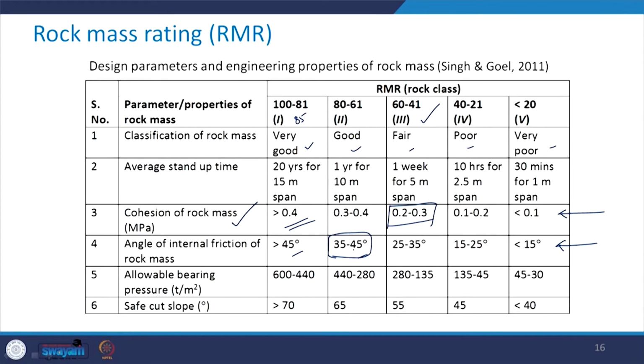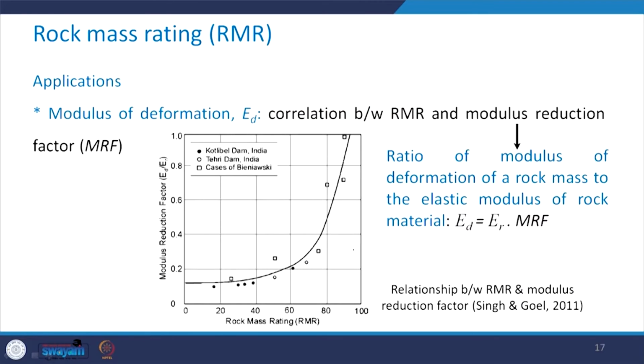So please remember that. The next application is the determination of modulus of deformation. I already defined for you how the modulus of deformation is different from the elastic modulus. So the correlation between RMR and the modulus reduction factor, which is MRF, is given in this figure.